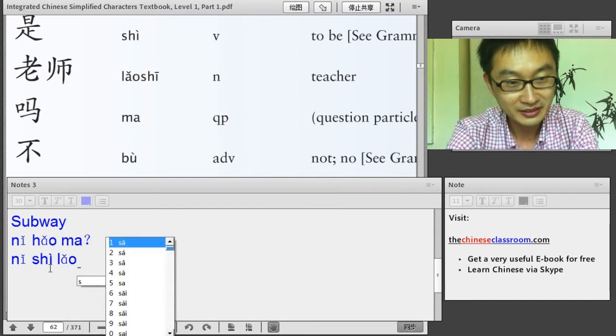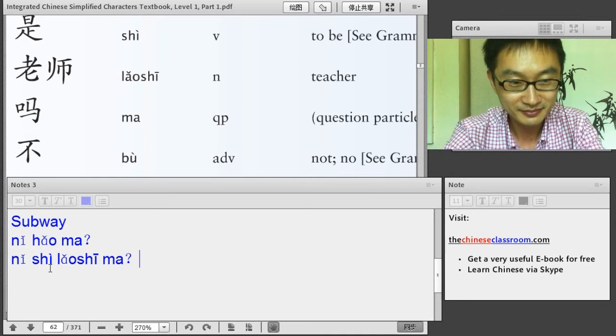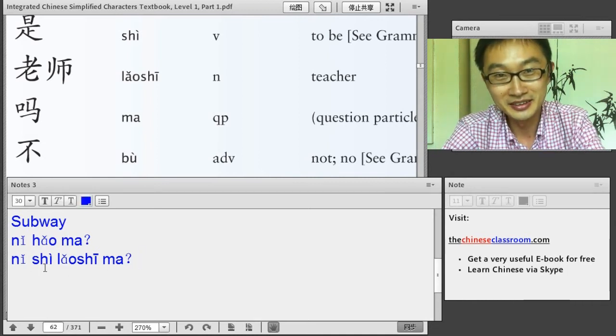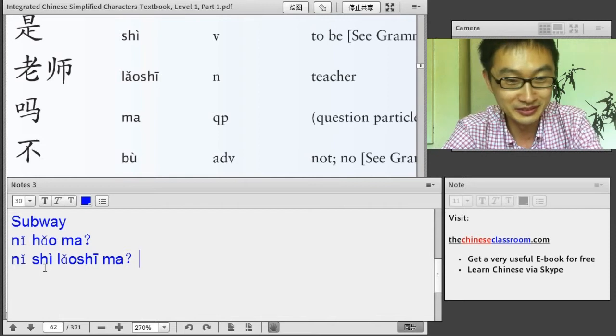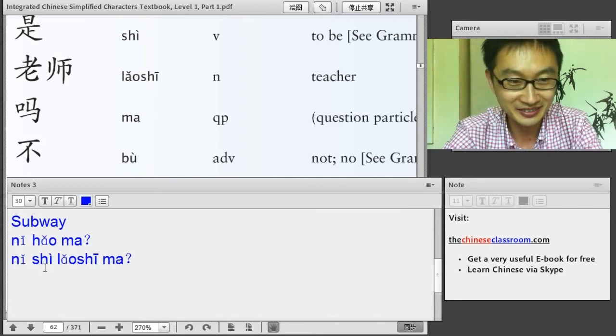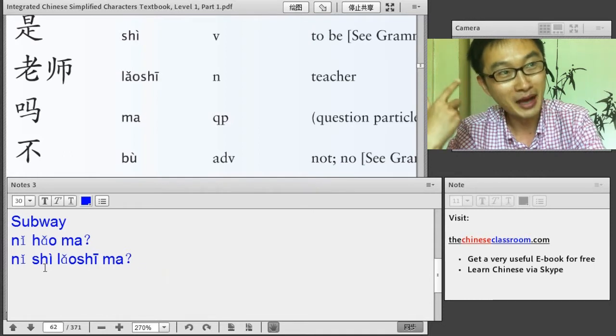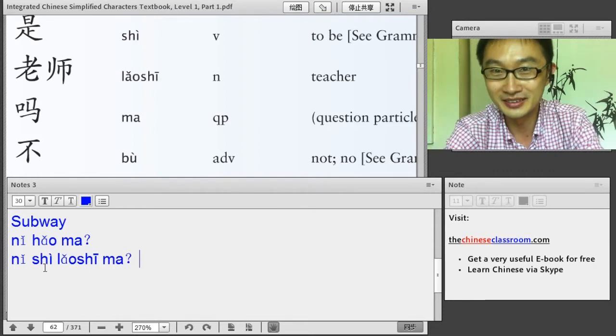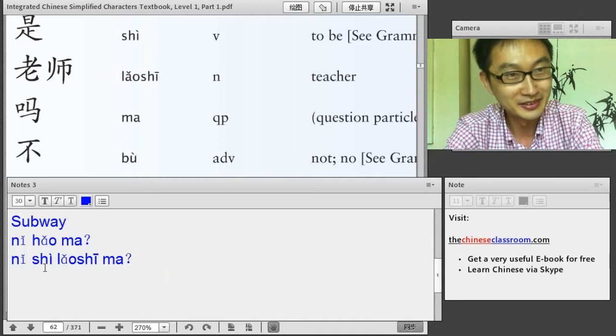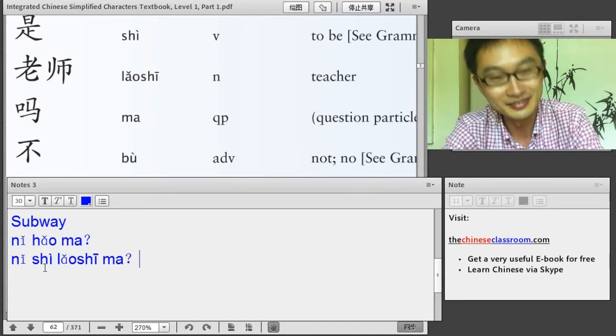你是老师吗? You know this? So literally, you are teacher. Ma means that's a question. Are you a teacher? When you hear ma, oh, that's a question for me. That's not a declarative sentence. So you're a teacher, ma?